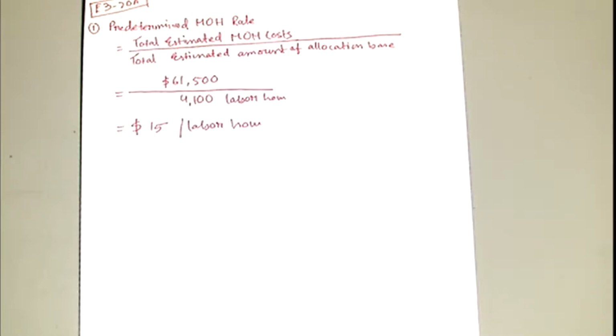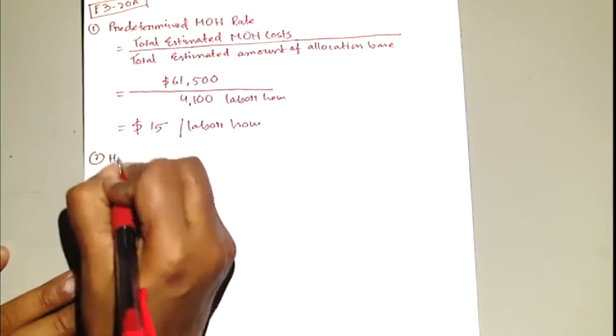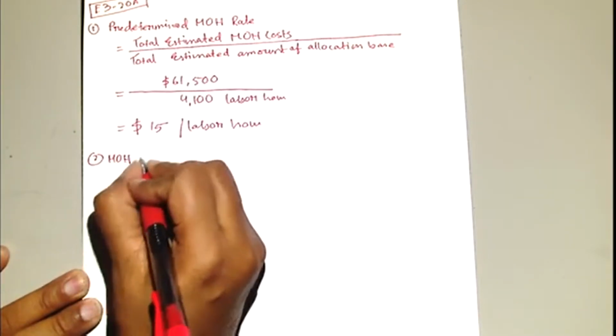So you know your actual allocation base and you know your rate. So now it's time to determine your manufacturing overhead allocation. So you're going to multiply these 2, and we will do it for both jobs. So we know the formula. I'm writing it again so that you please write it again.